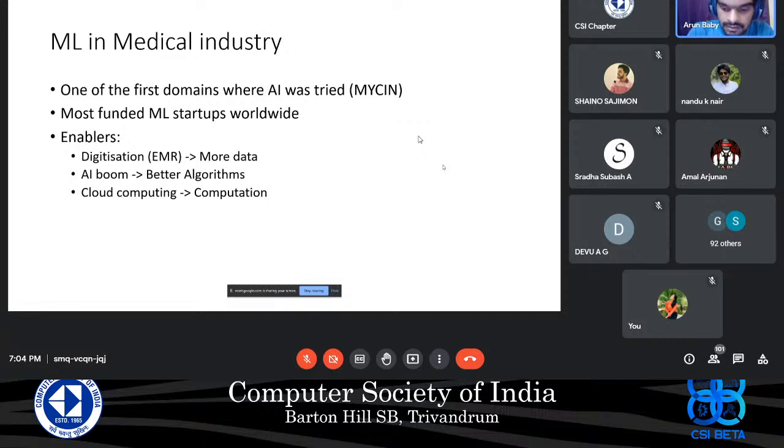I think in the 1970s, Stanford first developed a rule-based AI system for detecting whether a patient has an infection or not.